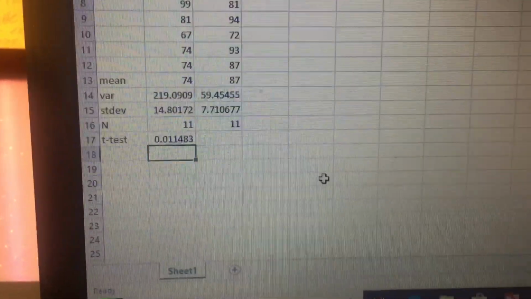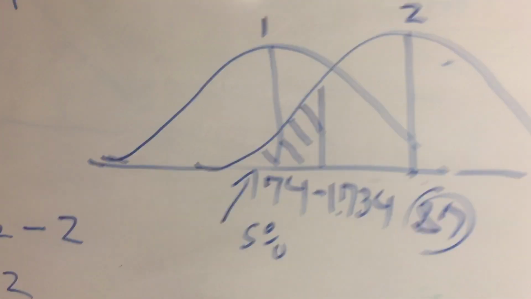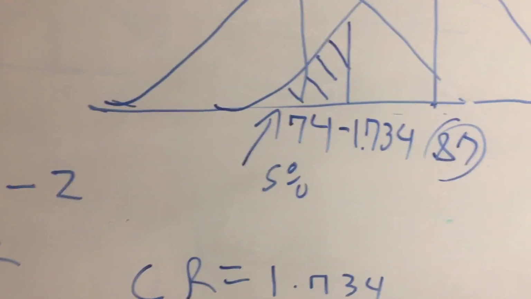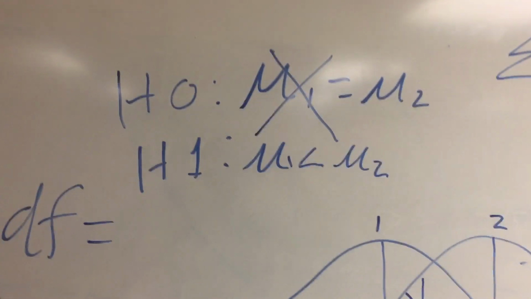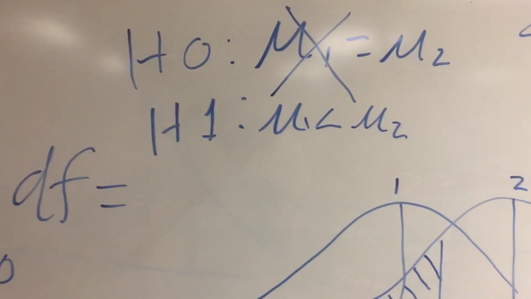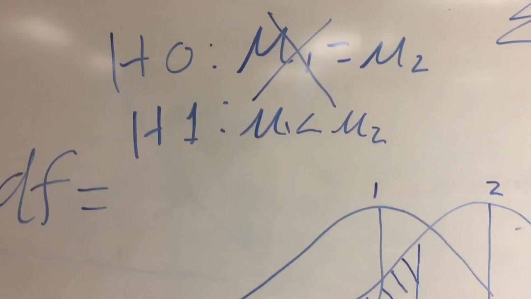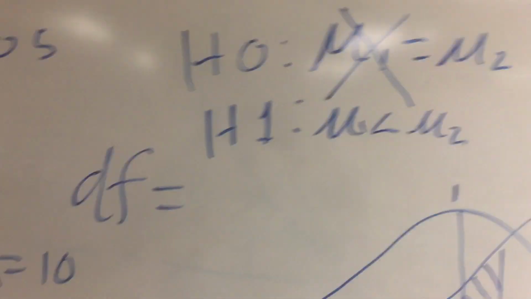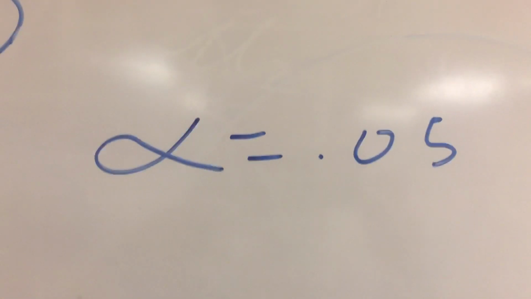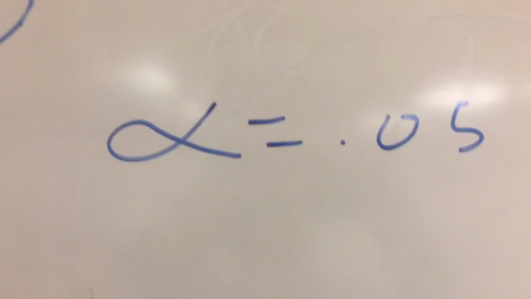So now I can go ahead and safely come over and say, you know what? I can go ahead and reject the null hypothesis because I can safely assume that the probability of making a type 1 error is less than my alpha level right here of 0.05. So I'll explain some more in the next video.